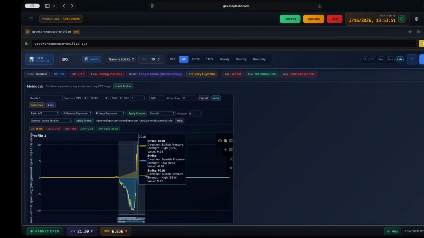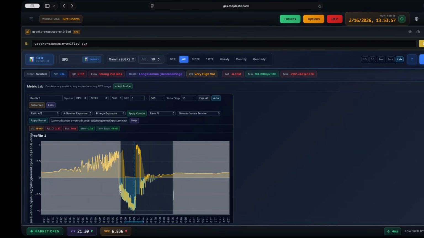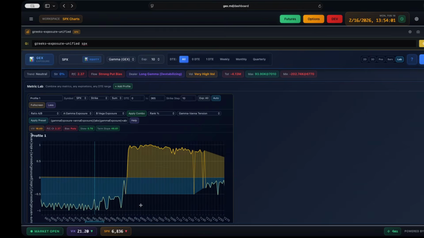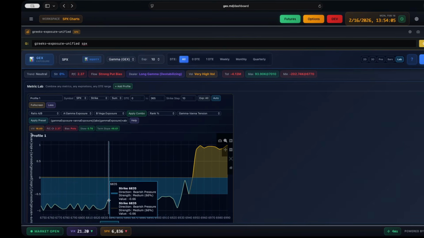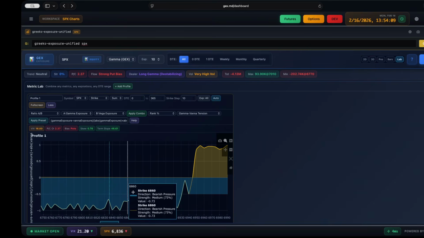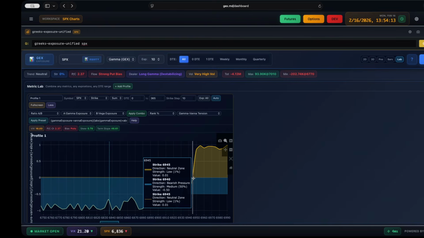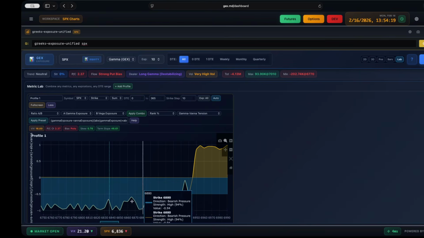Let me go here and put this like a rank. So you see where the rank is on each strike, on the pressure, and it can tell you we are on the put side. Once we cross 69.45, we are on the call side, but all this is put dominated.